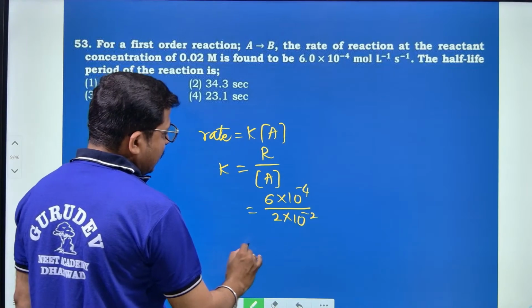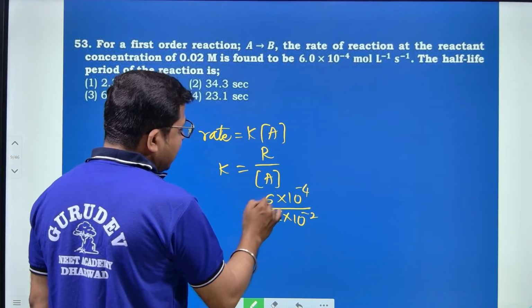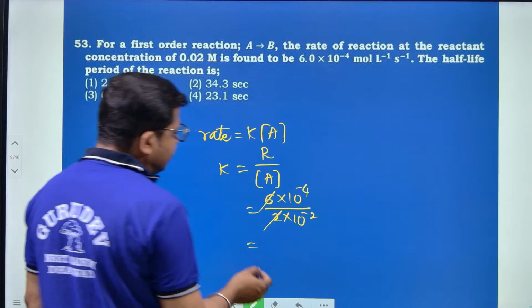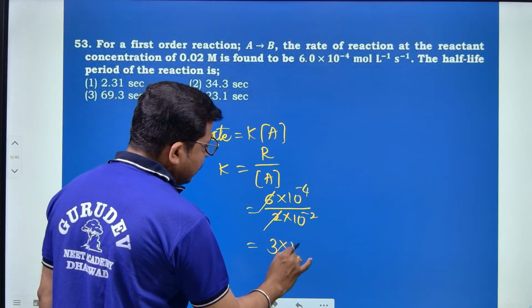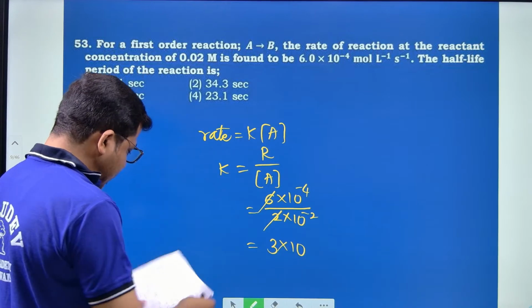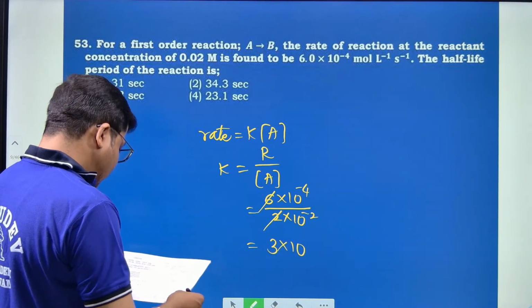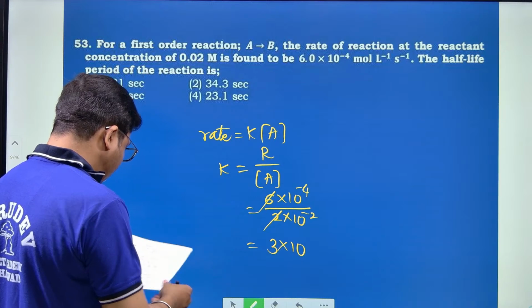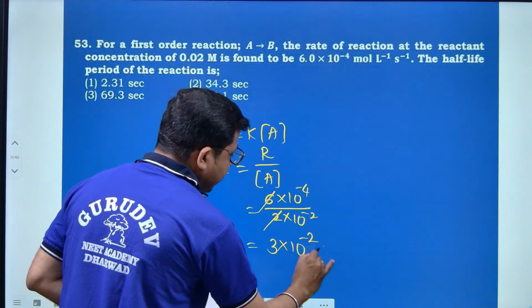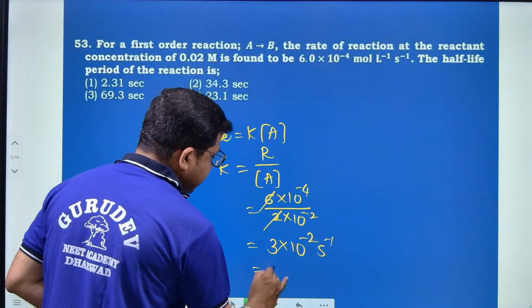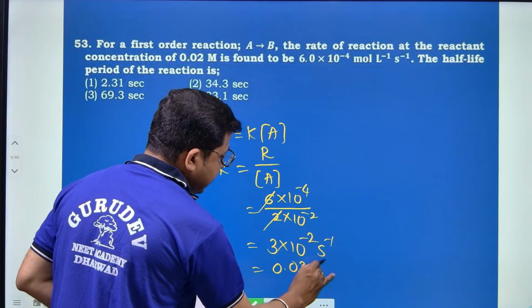This becomes 3 into 10 to the power minus 2 per second, so the answer is 0.03 per second.